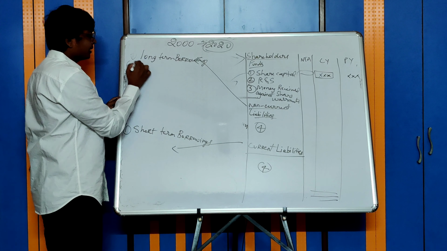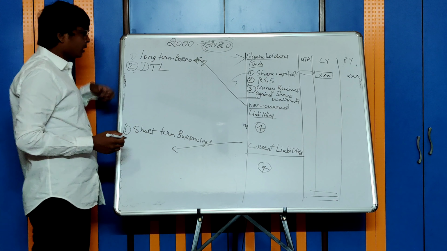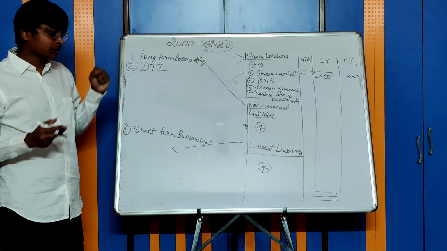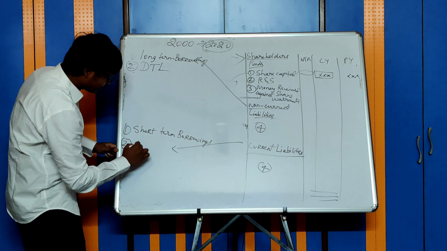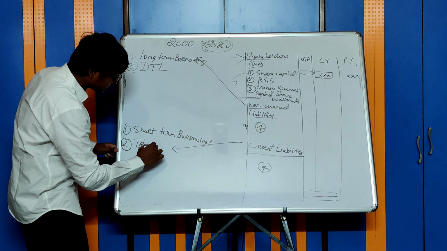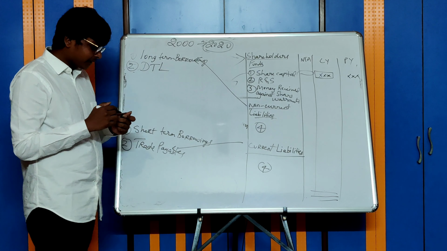The second item in non-current liability is deferred tax liability, which you will be discussing in AS 22. Second item in current liabilities is trade payables. What is trade payables?